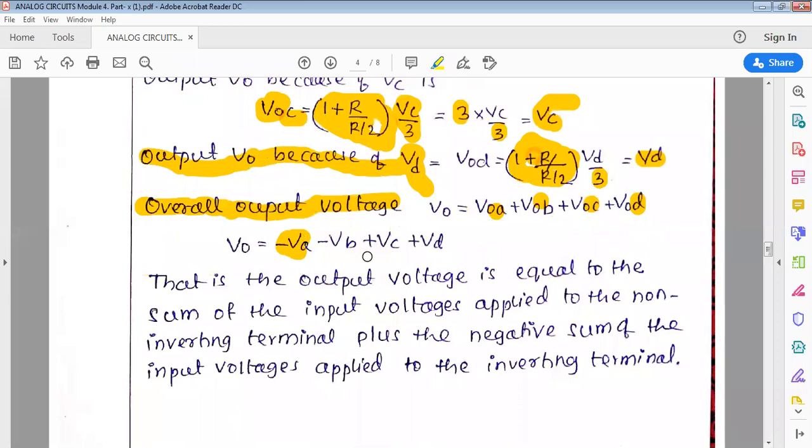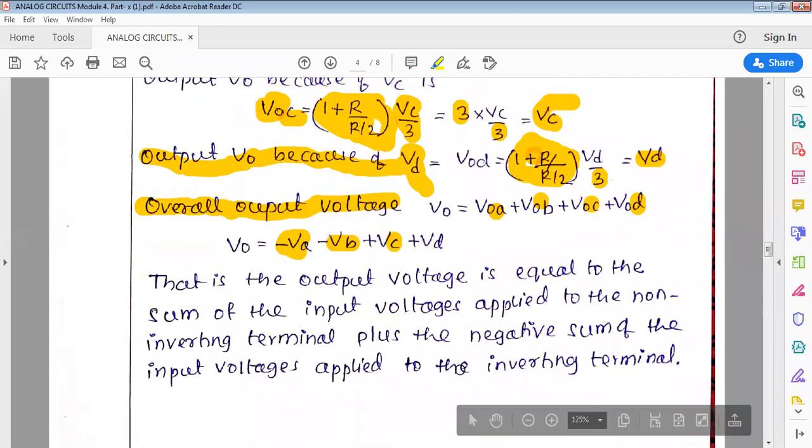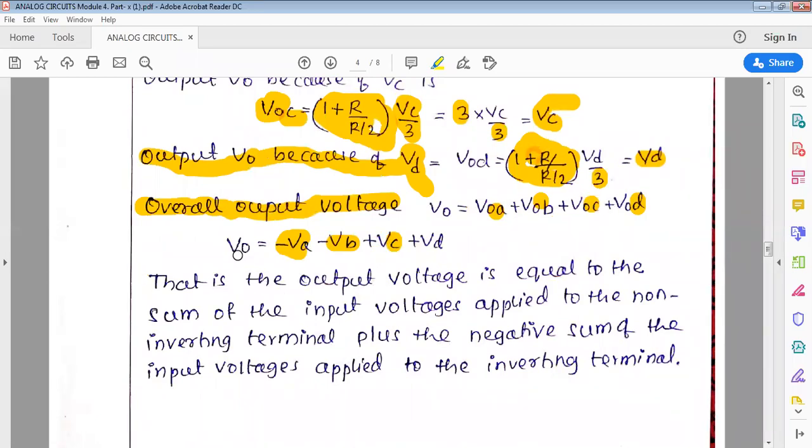That because of VB was minus VB, that because of VC was VC and VD. So my final output voltage is given by V naught equal to minus VA minus VB plus VC plus VD.